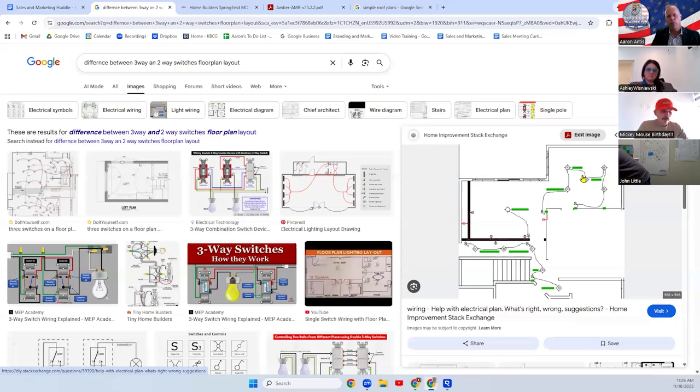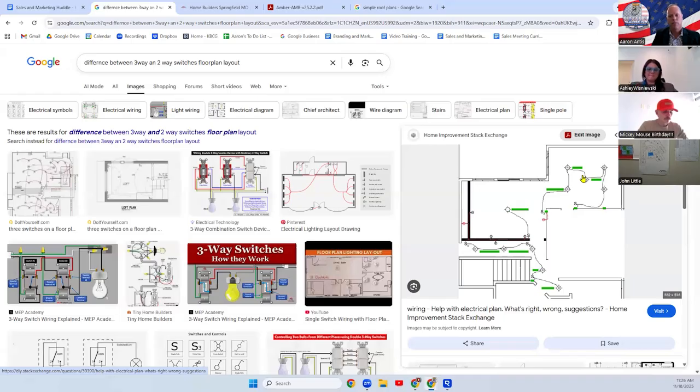One fixture with four bulbs or four recessed lights? One fixture that has four bulbs on it is more cost effective than four recessed lights? How many bulbs do each have? Isn't it the same? Yes, same number of bulbs.